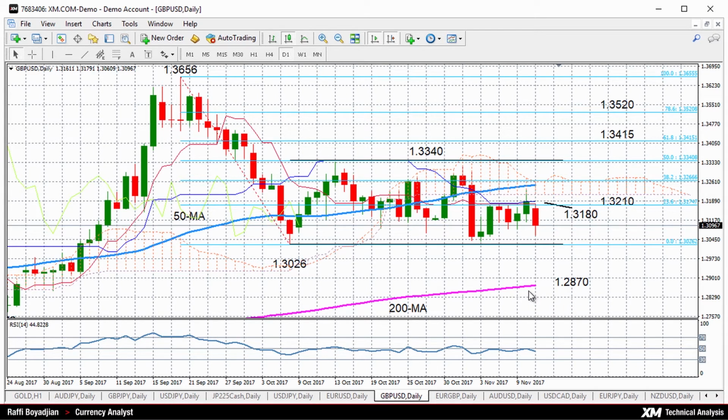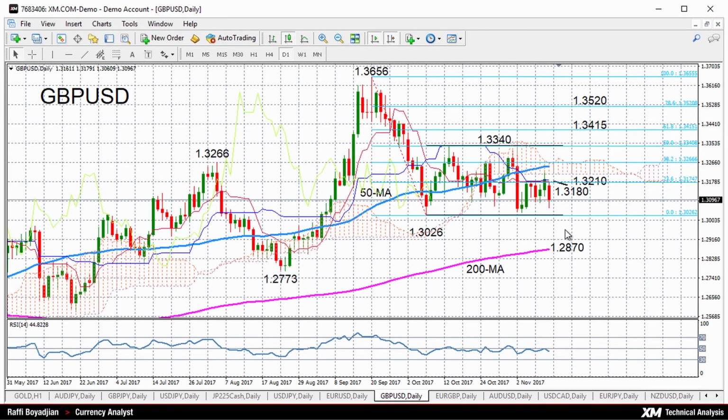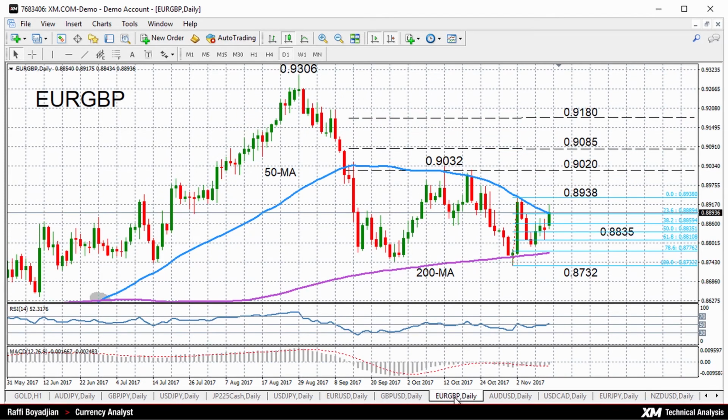The 200-day one is currently at 1.2870. A break below that could potentially signal a shift of the medium-term outlook to a bearish one, although at the moment both the near-term and medium-term outlooks are looking fairly neutral.